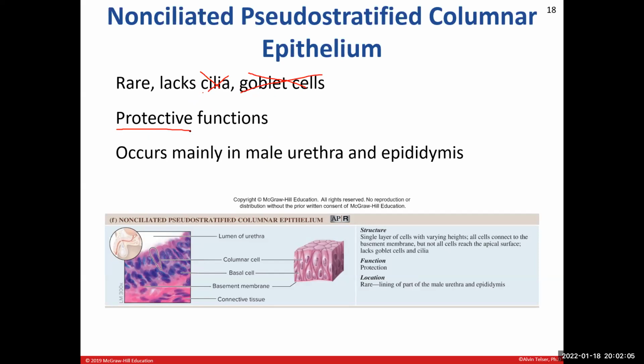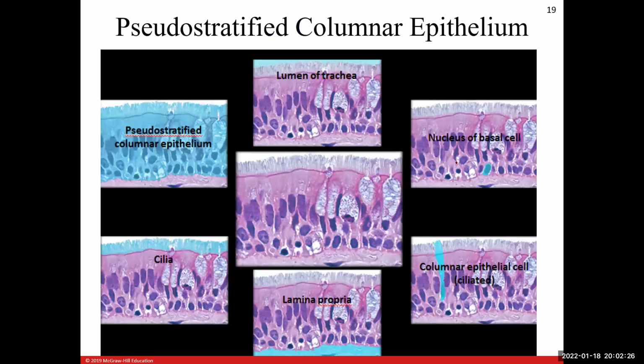We're going to see this type of epithelium in the male urethra. The male urethra is much longer than the female urethra, right? And also in the epididymis, which is that ridge-like structure that sits on top of the testes.